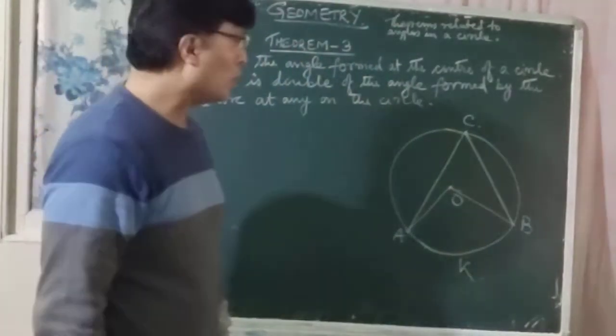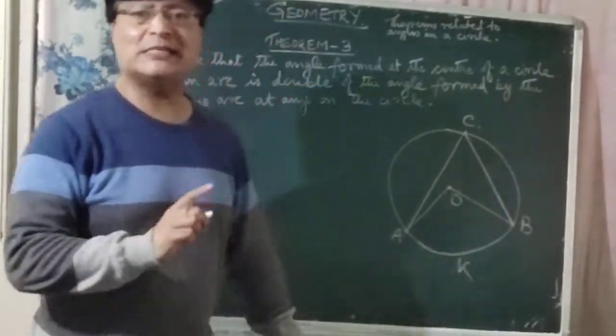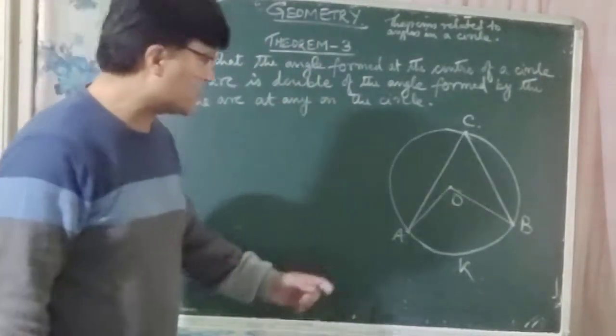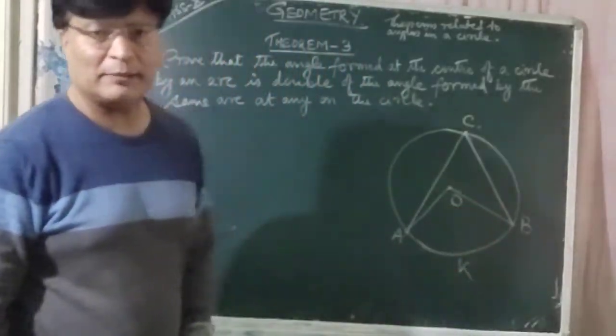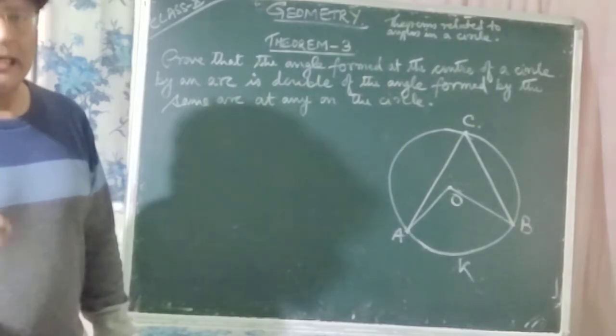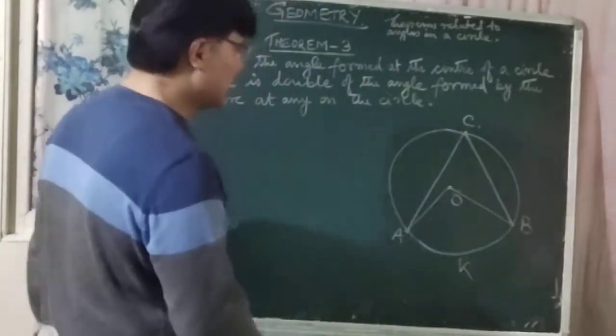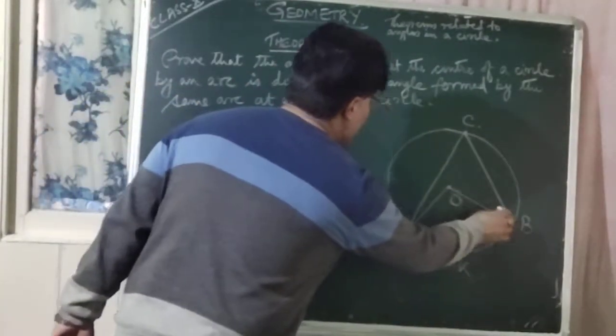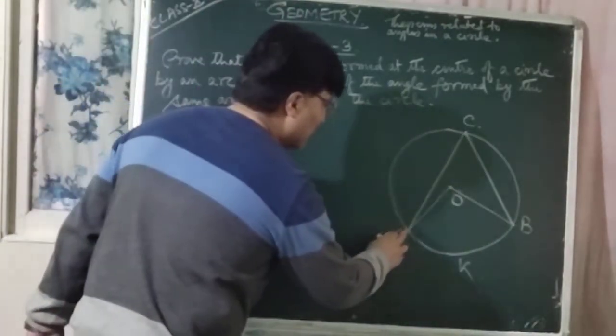So now, what is ACB here? ACB is an angle subtended by the same arc AKB at the remaining part of the circle. Okay? Now in this case, you have to prove that angle AOB is double the angle ACB.